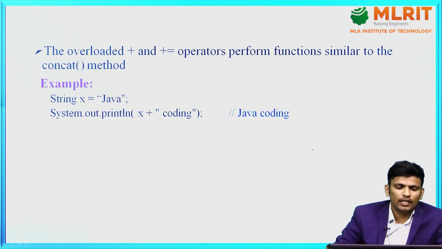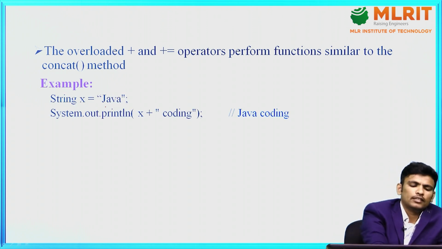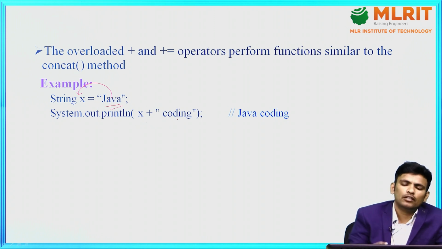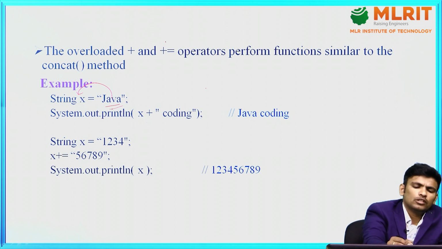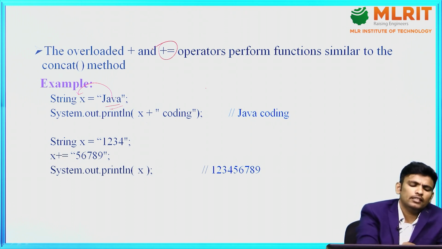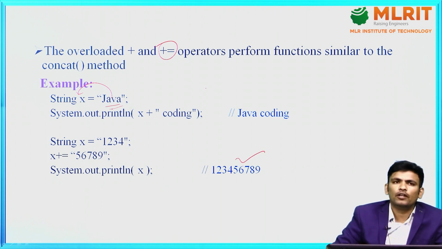The same Java is assigned to x, and here I am performing x plus coding, so you get Java coding. You can also use a compound assignment operator like this: 1, 2, 3, 4 x plus equal to 5, 6, 7, 8, 9. Here you will get 1, 2, 3, 4, 5, 6, 7, 8, 9. You can use any of these approaches, no problem.